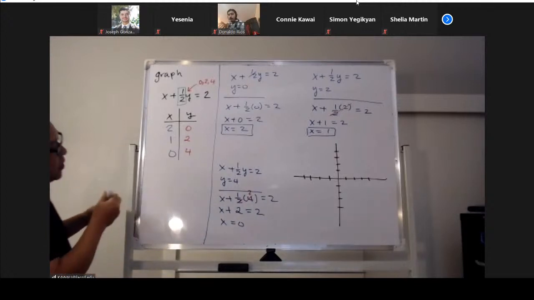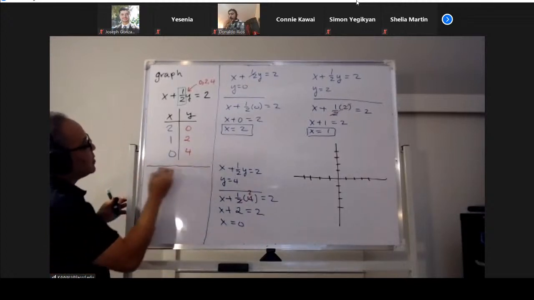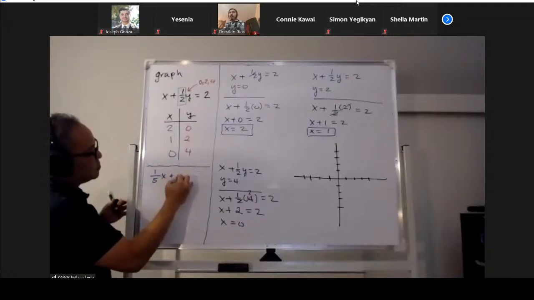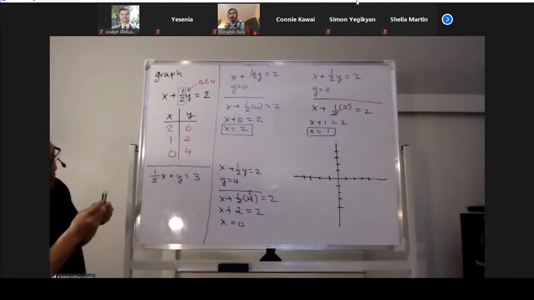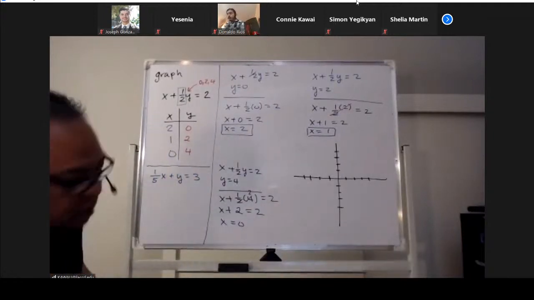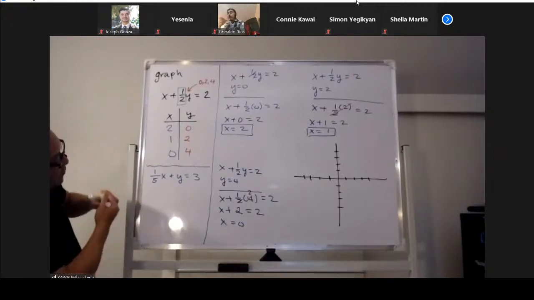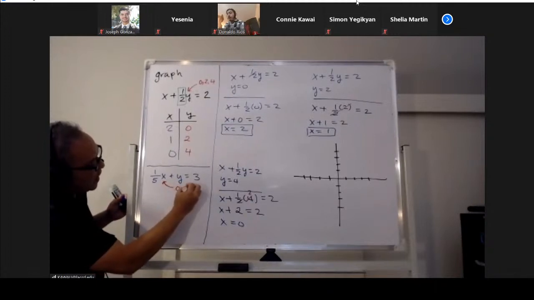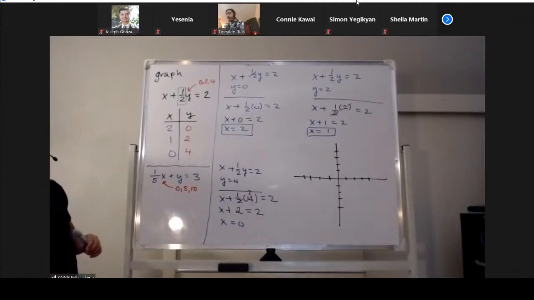For example, if I had something that looked like this, then in this case the denominator is 5, and you would put 0, 5, 10. I'm just counting by fives. I see.